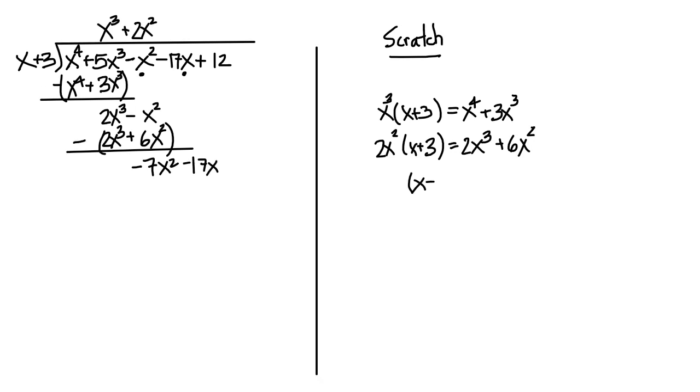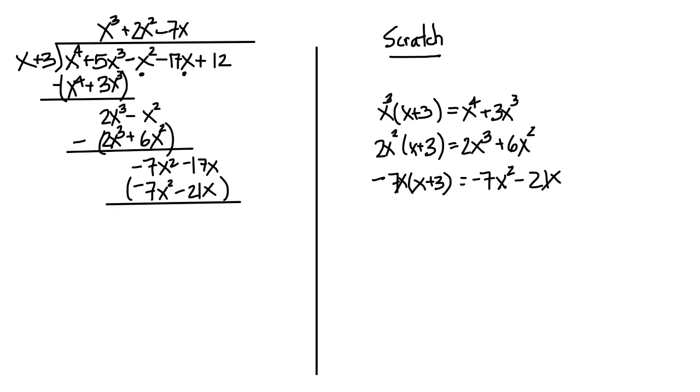So x plus 3 is our divisor again, and I'll need minus 7x here, and that'll give me negative 7x squared minus 21x. Subtract that, and I'll get negative 17x plus 21x, that's 4x.